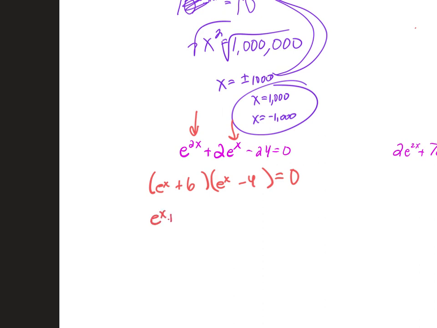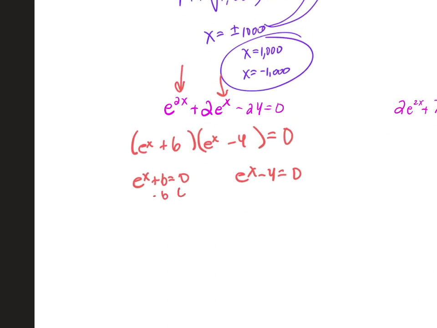We're going to solve each of these equations independently, and we're going to get answers. I'm going to subtract 6 from both sides. So I have e to the x equals negative 6, and I'm going to add 4 to both sides, so I get e to the x equals 4. Guys, the opposite of e is ln, so take natural log of one side, you got to do it to the other. When you hit natural log of negative 6 in your calculator, you get an error message because you cannot take the natural log of a negative number.